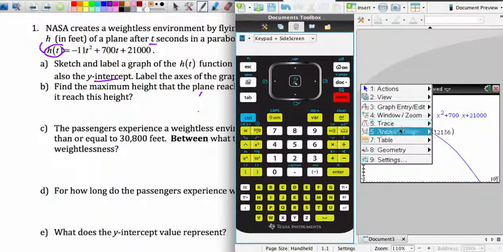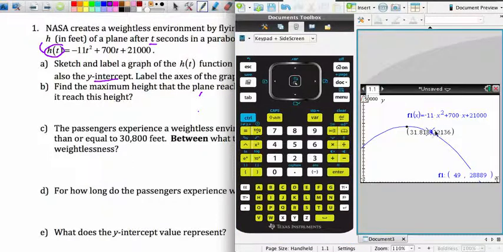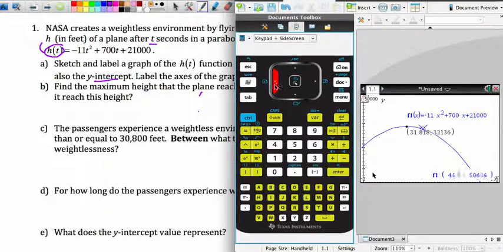To get my y-intercept, what I'm going to do is use the trace function. So I'm going to trace the graph, and I'll use the cursors and go to the left. It might take a little while because my increments are relatively small. We'll trace along here. And what I'm of course looking for is the y-intercept.